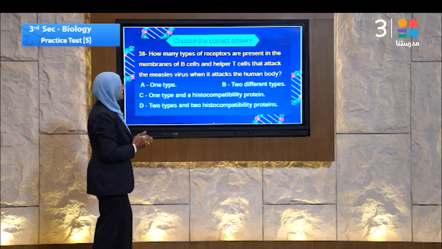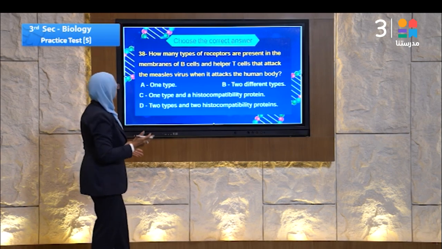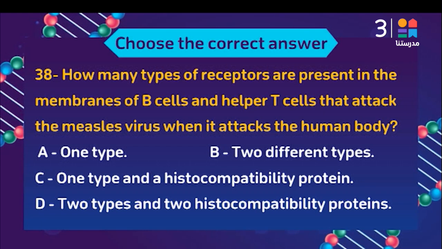Question number 38, immunity again. How many types of receptors are present in the membranes of B cells and helper T cells that attack the measles virus when it attacks the human body? Let's read the question and the answer choices.